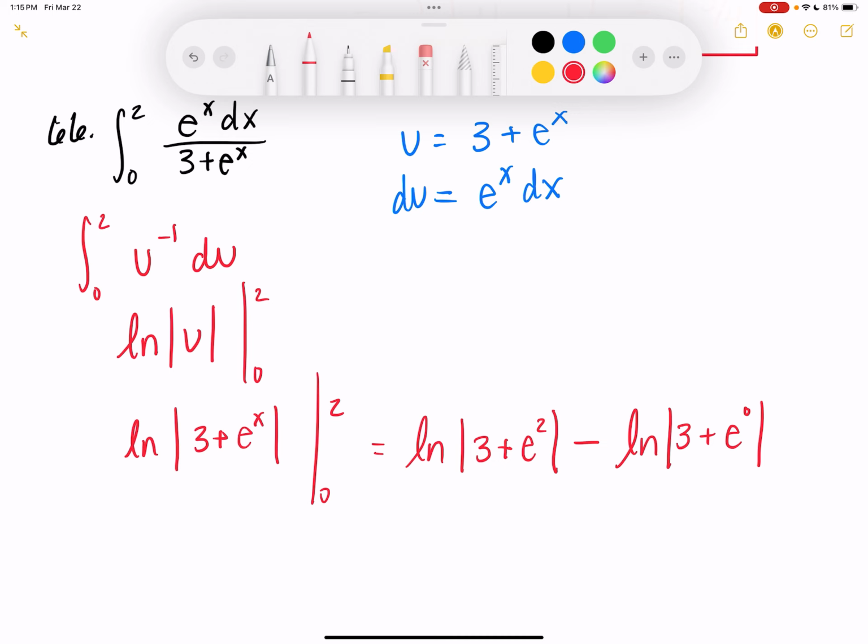Okay, now I'll just tell you what this is so you don't have to type this one in. This is going to end up being 0.954. Because this e to the 0 is 1, so that's going to be the ln of 4, and then subtracted from this here. So this would be a problem where you would need to either leave it here or go ahead and get the decimal answer, depending on what you have.